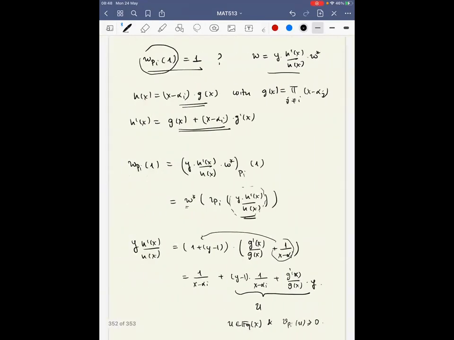So the valuation of this part is bigger than or equal to 0.